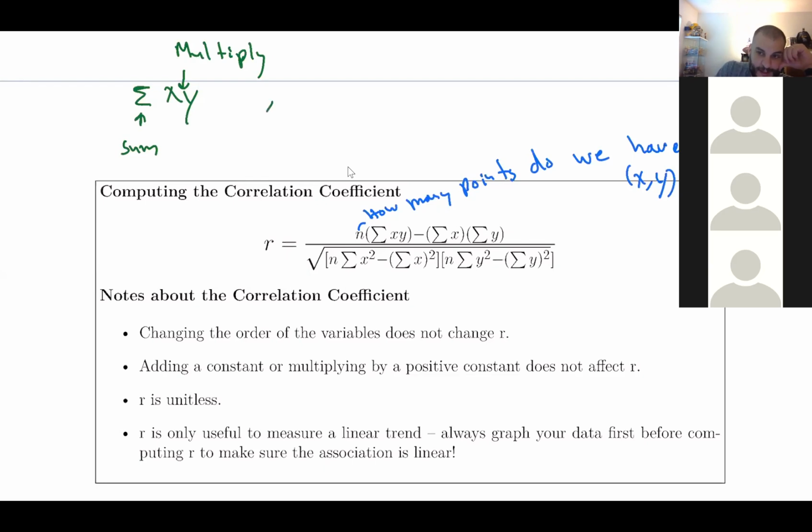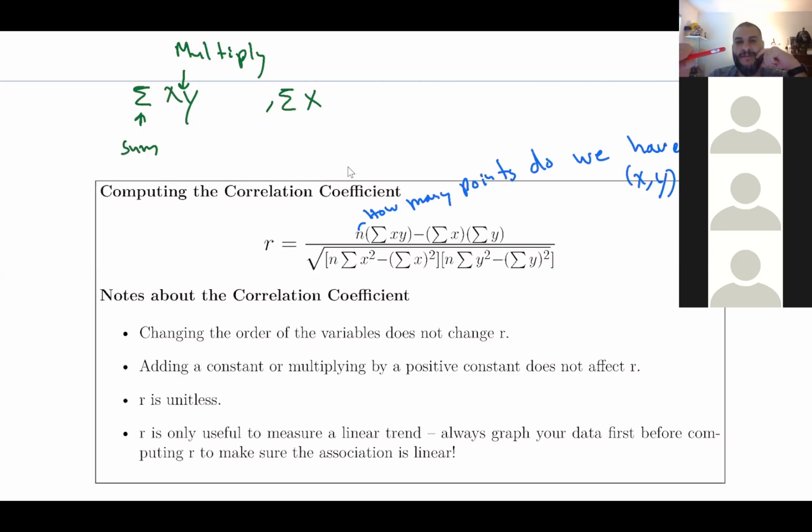All right, so let's try this one. How do you think we should find the summation of x? I know you know this. Is it summation times x?